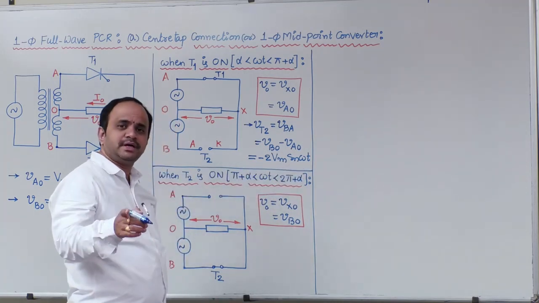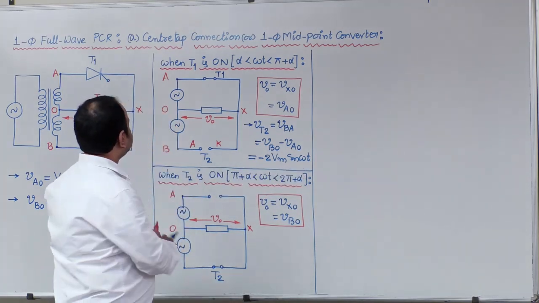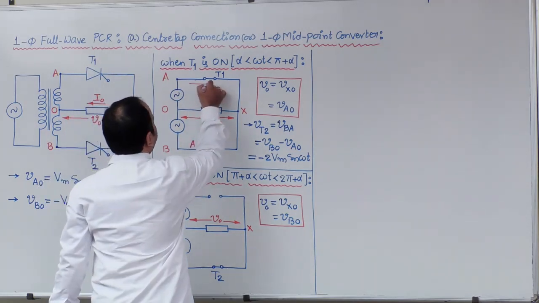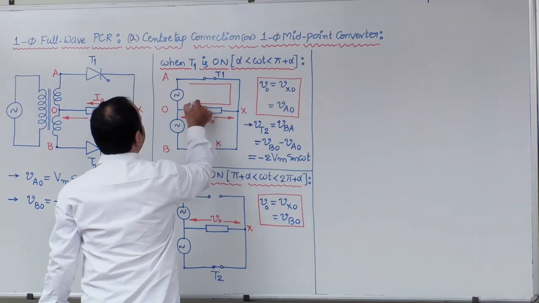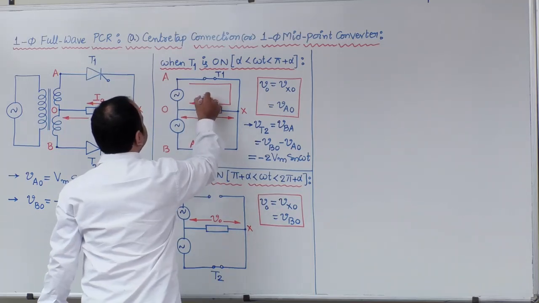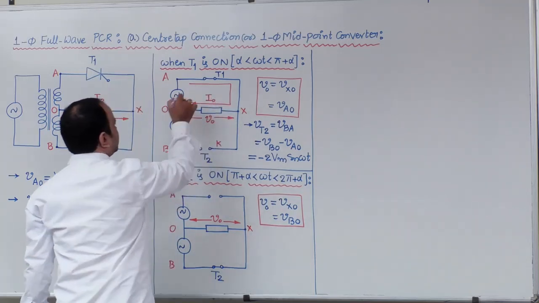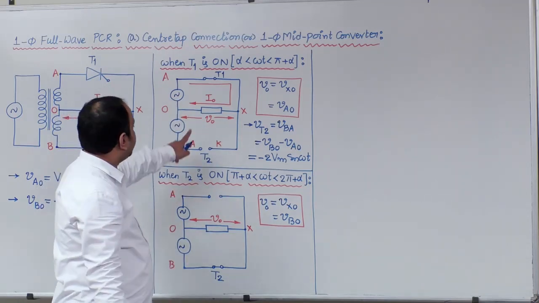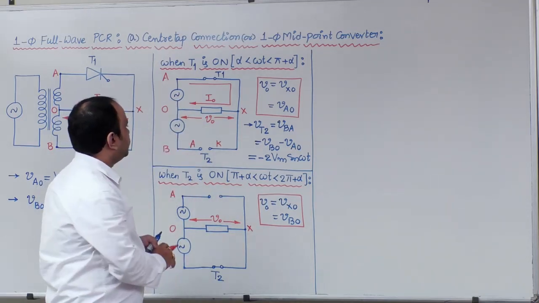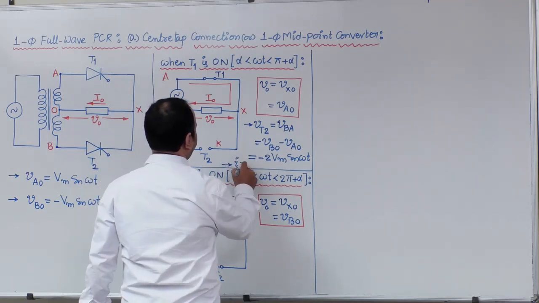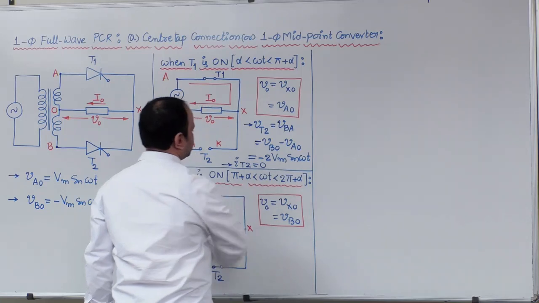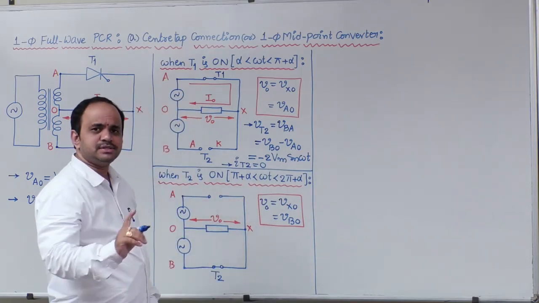That means T2 is reverse biased. Next, load current will flow in this direction, through T1. So in this interval, the current flowing through T2 device is equal to 0.